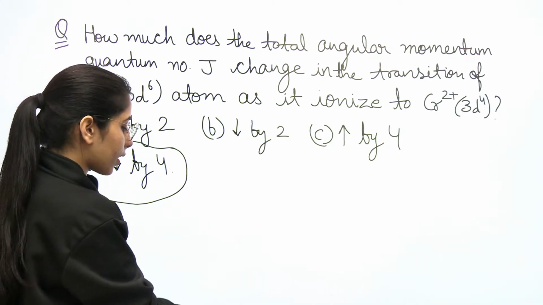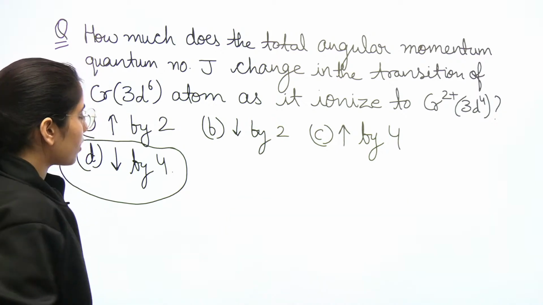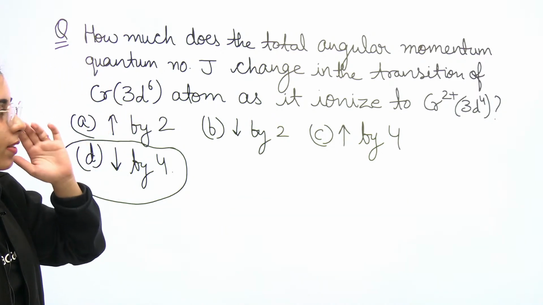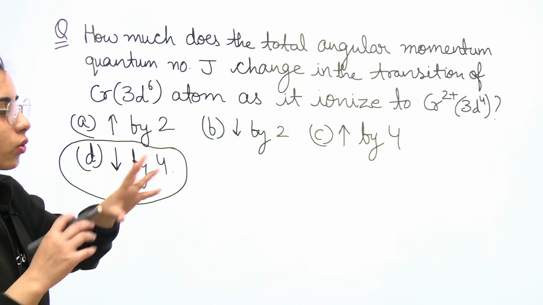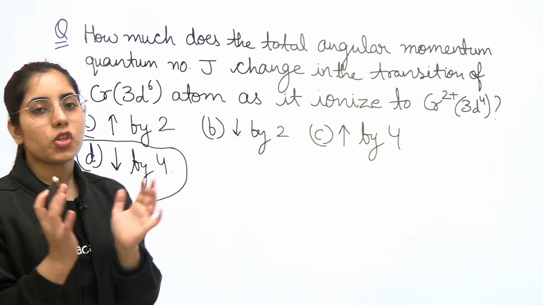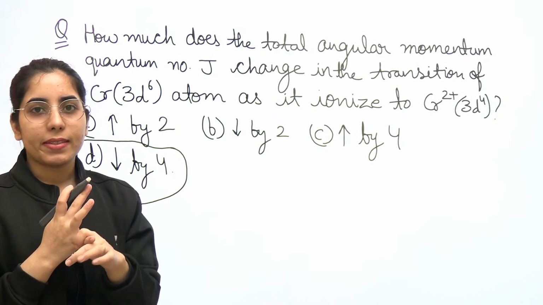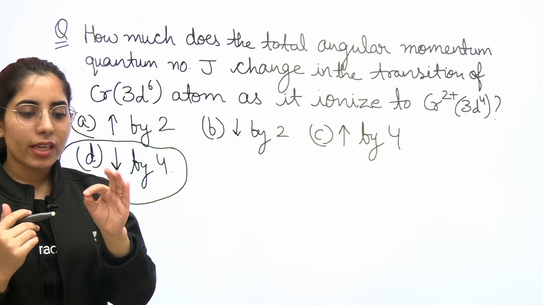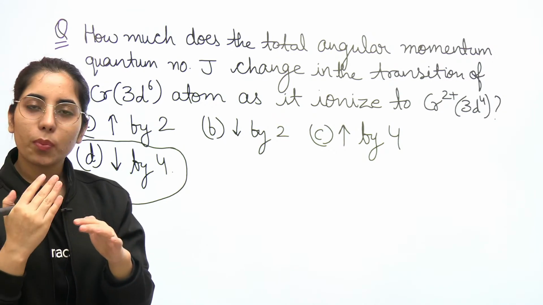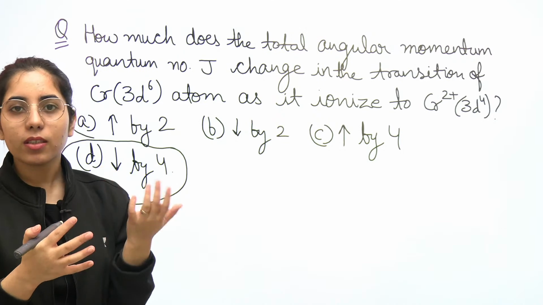Clear? In this case, d6 is given to you, and for d4 you need to observe the change in the J value. Now, we will find the change in the ground state spectroscopic terms, because J is involved there.